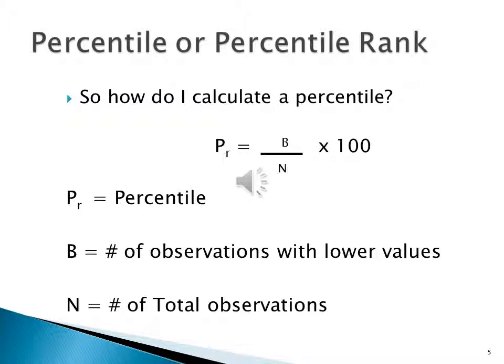B would be obtained by ranking them from the highest to the lowest. And say you're looking at the top score. How many scores are lower than that? Then you would be able to calculate. We'll do some practicing on this in a little bit.